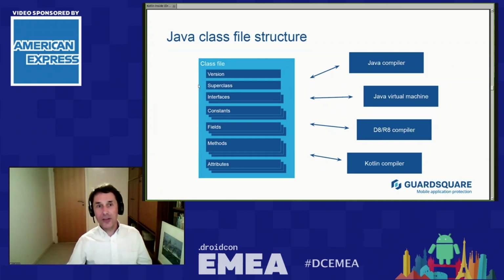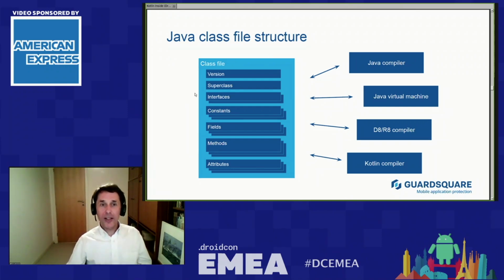They specify the superclass and interfaces. They have lots of constants like integers, strings, method references. And then they have the fields and methods that you've defined in your source code. And finally, they have attributes. And these can be partly optional attributes, like an attribute that says whether a class is deprecated or not.